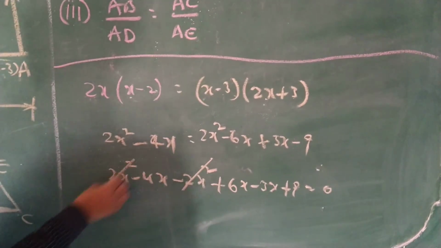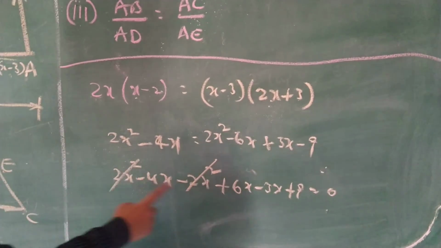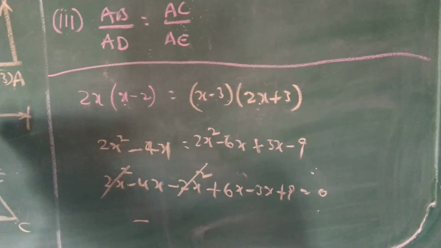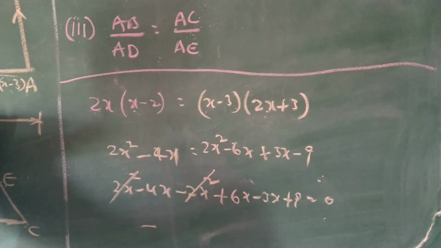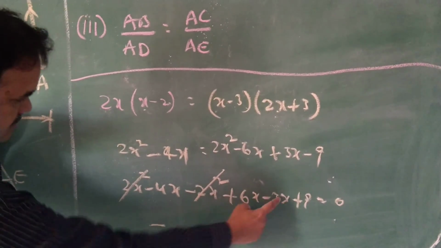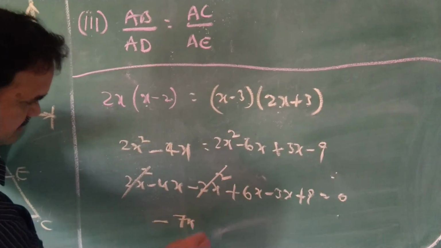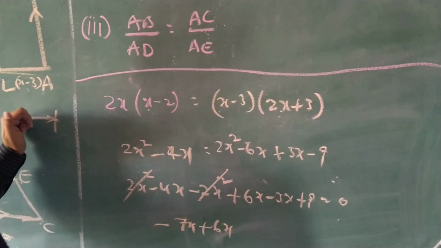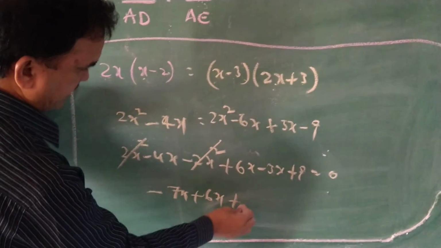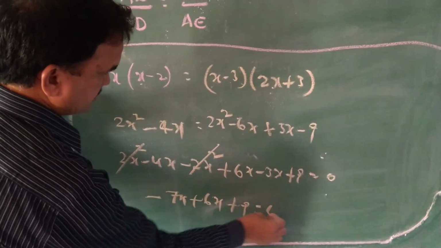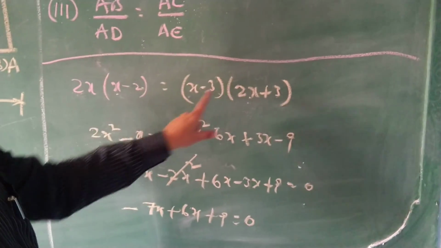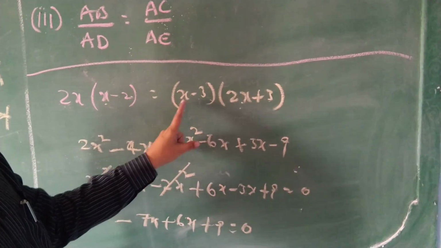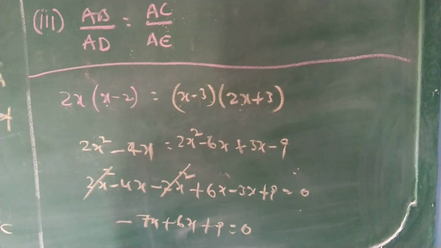These two cancel, x square. Here minus 7x plus 6x, plus 9 is equal to 0. 2x square minus 6x and plus 3x minus 9 is correct only.